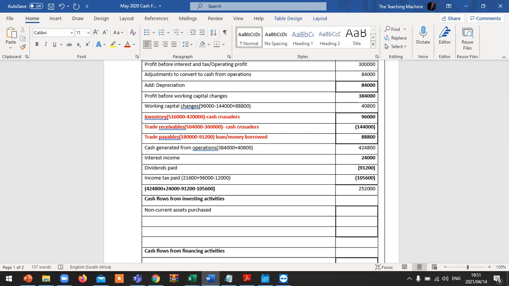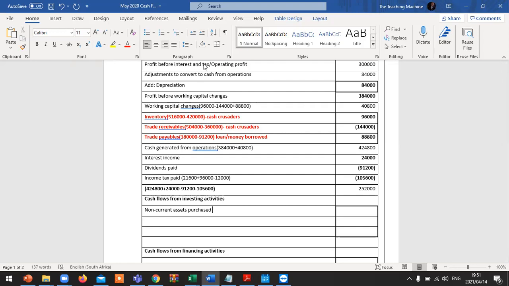Everything else is simple, but when it comes to non-current assets purchased, that's where the problem starts. But it's simple if you apply my formula. Let's quickly revise the formula. The formula says add the carrying value of the current year with depreciation and the carrying value of the assets sold.